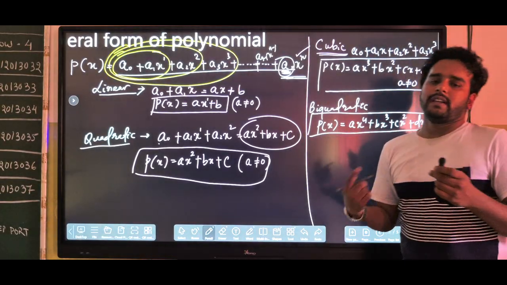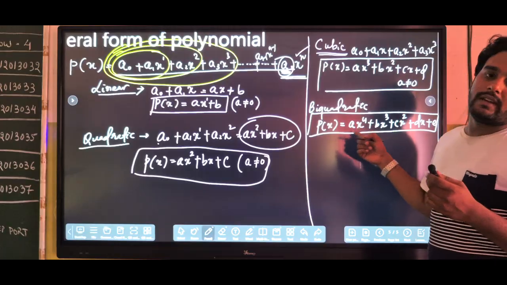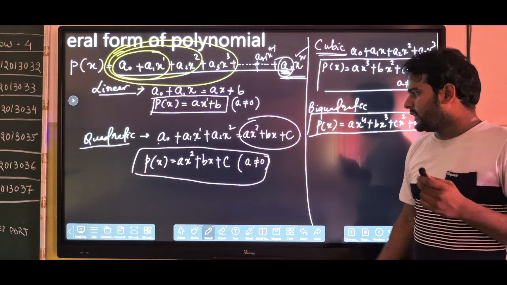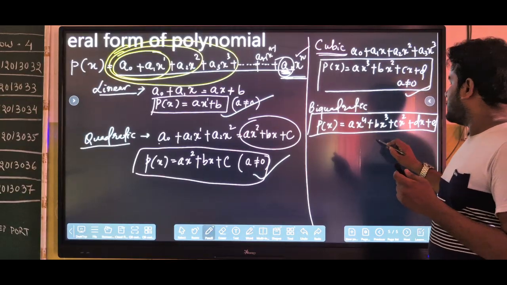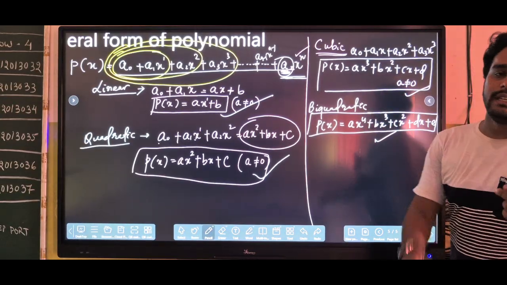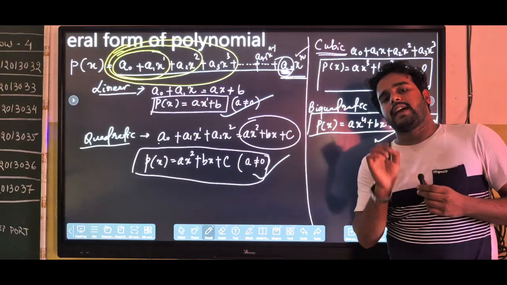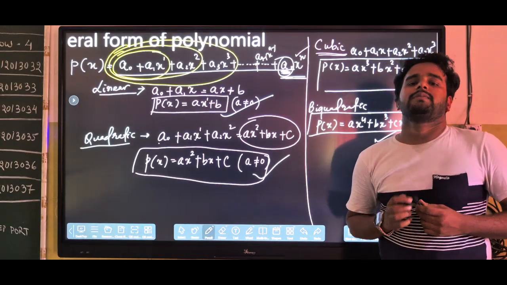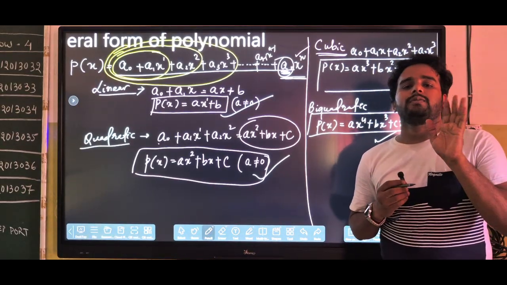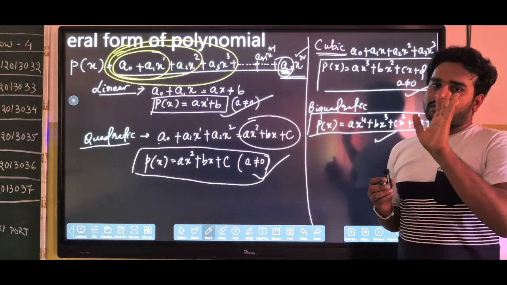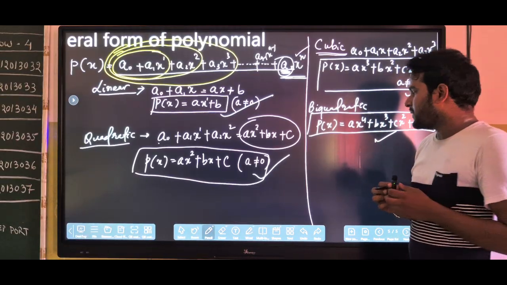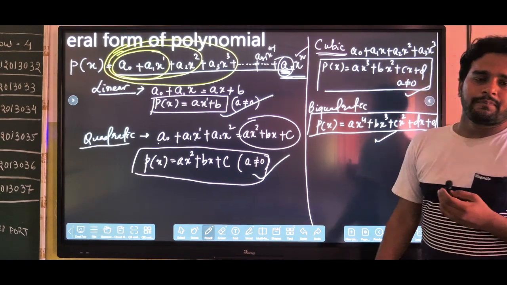Then for degree 5, you can add one more term. I am writing the general forms. In the place of A, B, C, D, E, you can use any real numbers, except A should not be 0. A should be non-zero. Clear? These are the general forms.